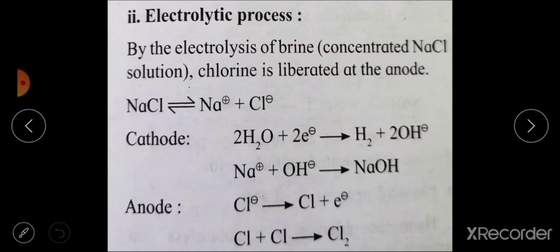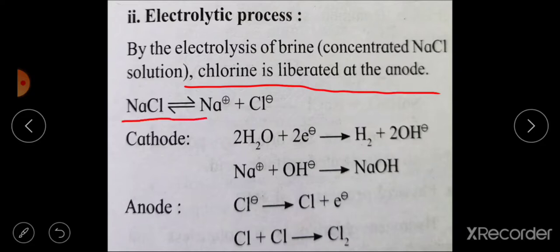Then the next method is the electrolytic process, by the electrolysis of brine solution. Brine solution is concentrated NaCl solution. Chlorine is liberated at the anode. In this process, sodium chloride ionizes into Na plus and Cl minus ions.